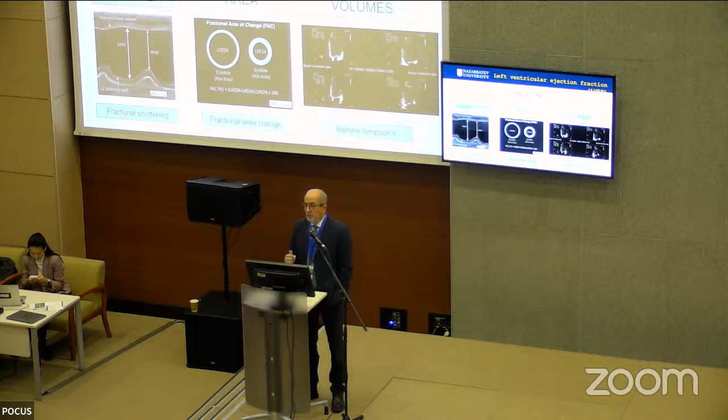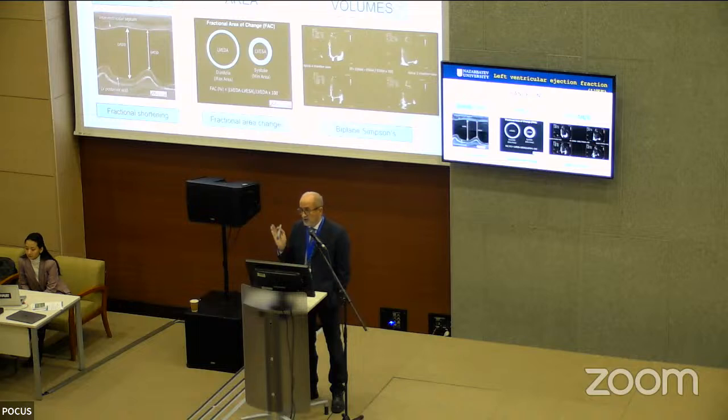Now, if we want to be a little bit more quantitative, then remember that ejection fraction is a change, and we can assess changes in dimension with the M mode assessment on the left. We can assess changes in area from the parasternal short axis view between systole and diastole.